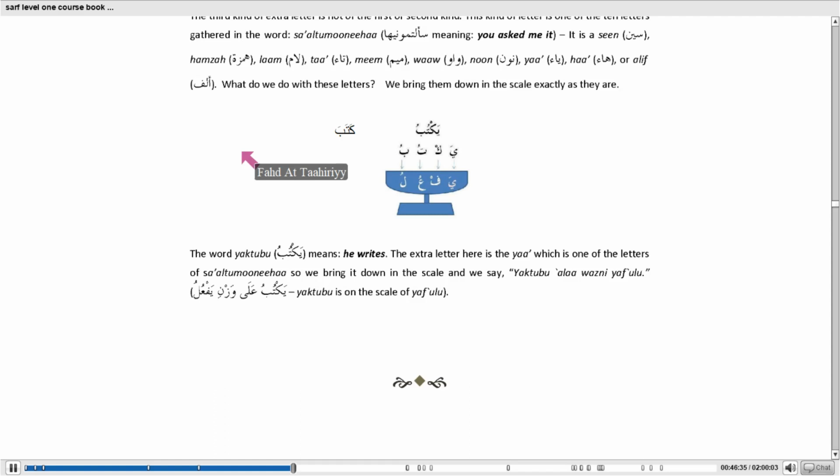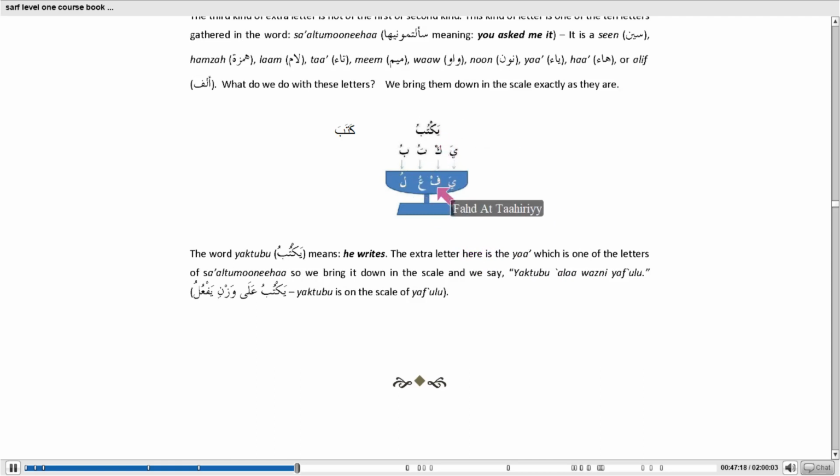Okay. Now, again, I ask, how many root letters do we have in yaktubu? Or how many original letters do we have in yaktubu? 3. Okay. Now, in the scale, you see the fa and the ain and the lam, it's there. Now, the question is, are we going to place the ya over the fa?